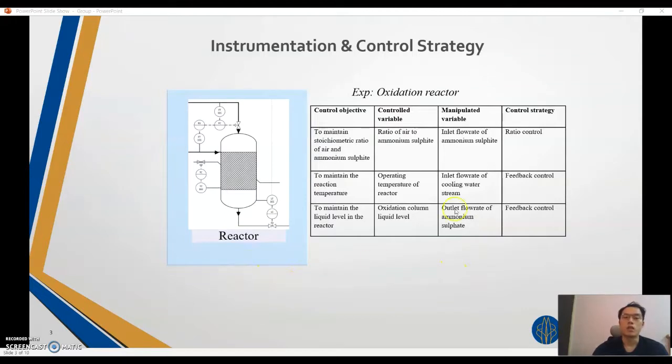And for reactor, we are taking the example of the oxidation reactor. The ratio control is used to maintain the stoichiometric ratio of air and ammonium sulfide fed into the reactor, and we are manipulating the inlet flow rate of ammonium sulfide. And we use feedback control to maintain the temperature and liquid level in the reactor by manipulating the inlet flow rate of the cooling water stream and also the outlet flow rate of ammonium sulfate.